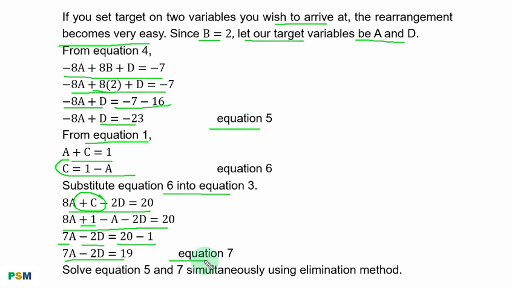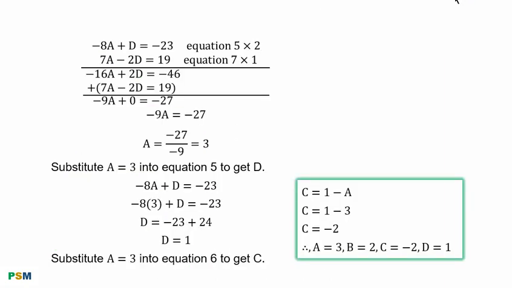Now, equations 5 and 7 both have the same variables. Hence, you can solve them simultaneously using the elimination method. I wish to eliminate variable d. To achieve that, the coefficients must be the same in both equations.